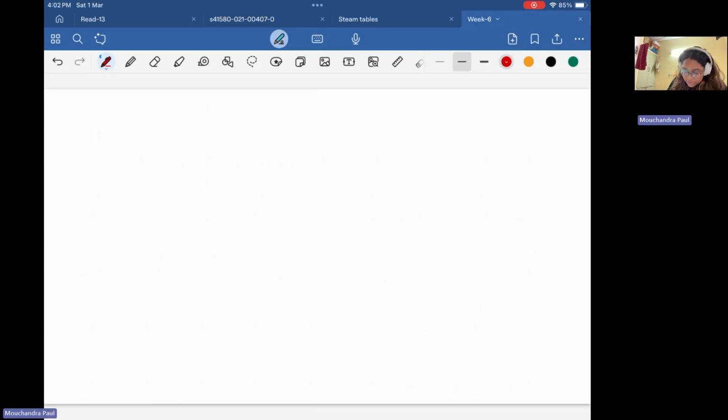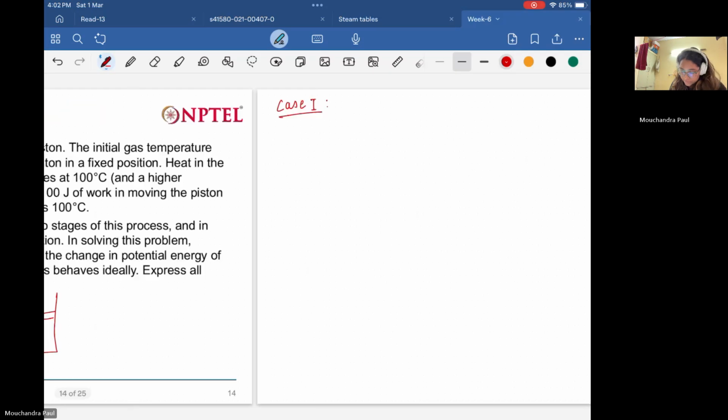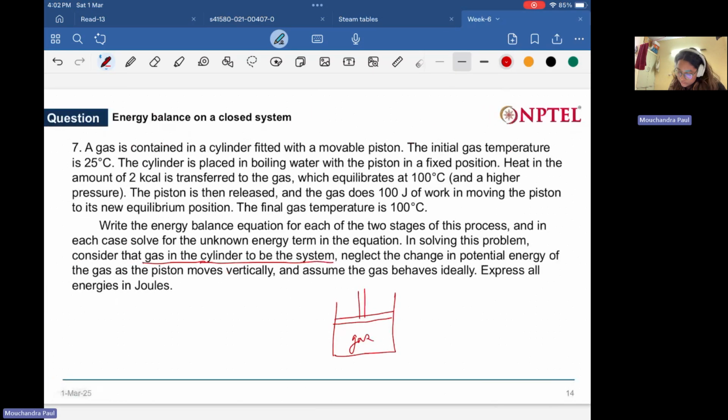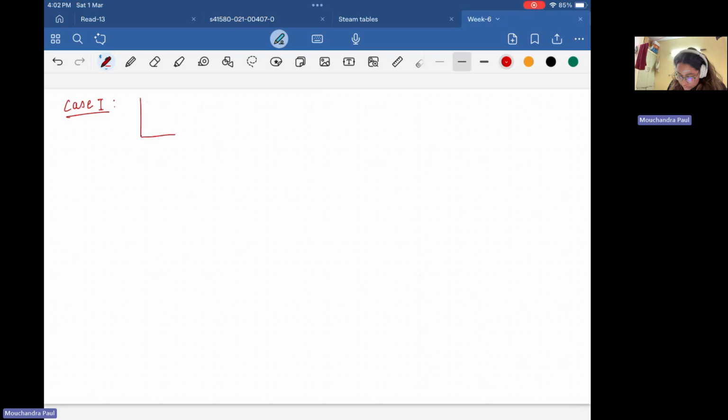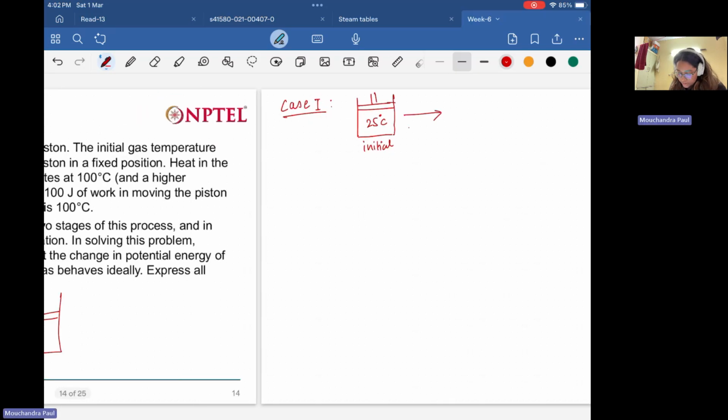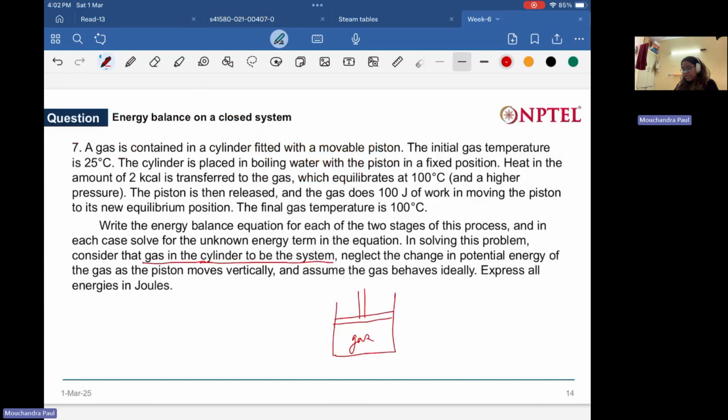So first, let's take case 1 where the initial gas temperature was 25 degrees Celsius. This is a cylinder. The gas is at 25 degrees Celsius. It's the initial state. And then the cylinder is placed in boiling water with piston in fixed position.